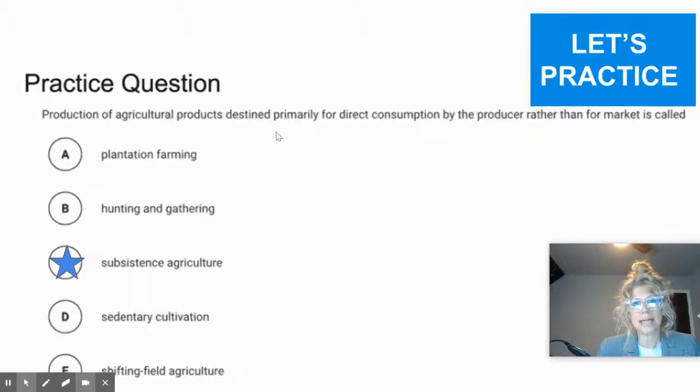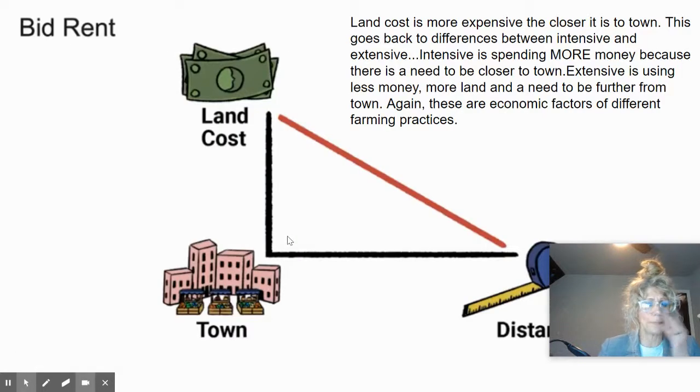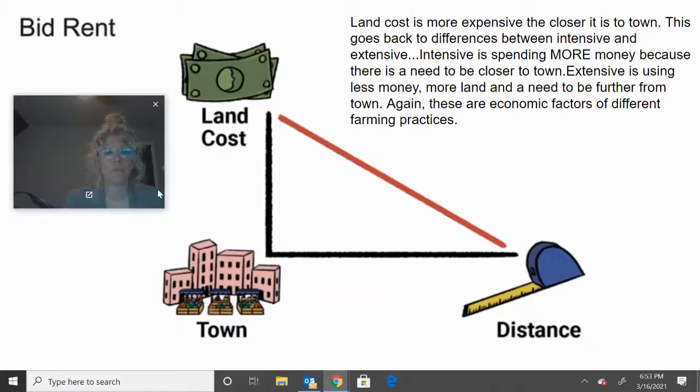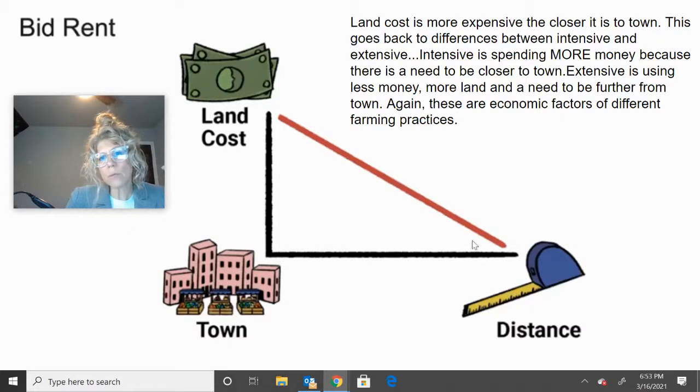Okay. This last concept that we're going to talk about is going to be bid rent theory. And that is just the idea of where you have your town, okay? And the further you get away in distance from the town, the less the land is going to cost.